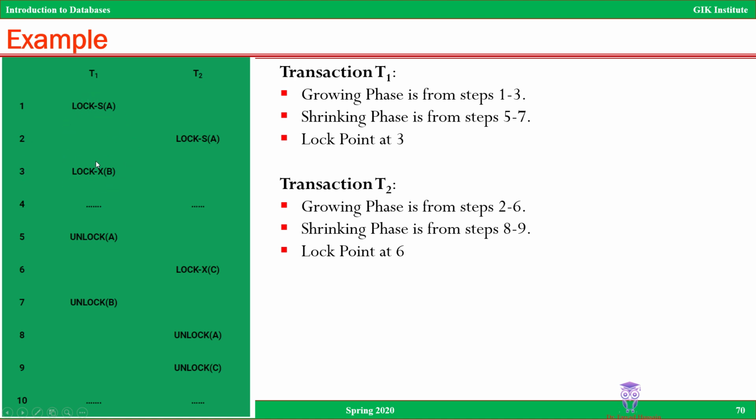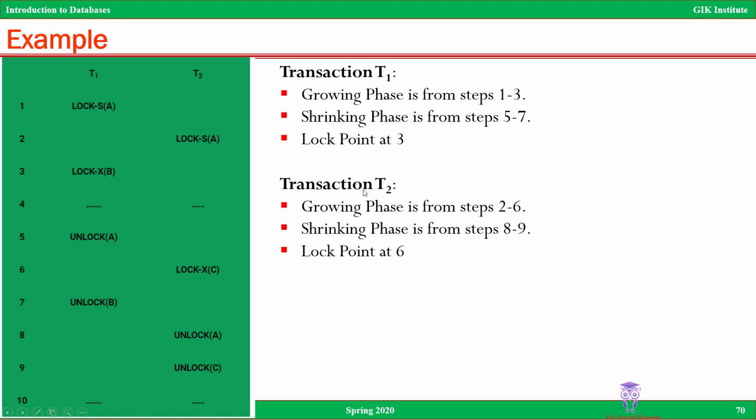You are acquiring locks, and then once you have finished whatever you're doing, you start unlocking the data. There is no new lock in the rest of the transaction after step 3. So the lock point is at 3. This is where you have the maximum number of locks, and after that you just keep unlocking. The shrinking phase is from step 5 to step 7.